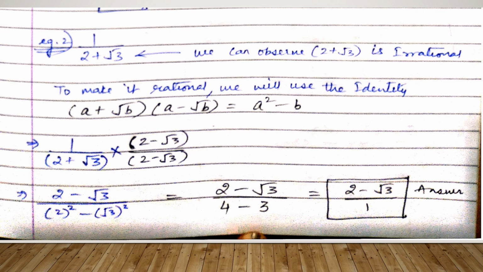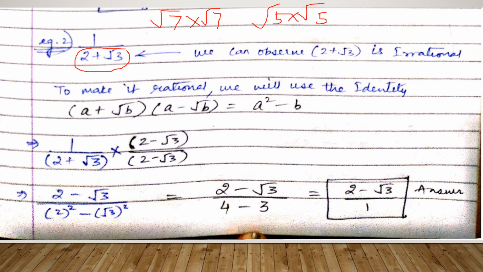Now, in this example, there is a difference. We have 2 plus root 3 now. In the last case, we just had root 2 and it was very easy. Suppose you had root 7 in the denominator, you multiply with root 7 in the denominator and the numerator, you will get the required rationalization. Suppose you have root 5, multiply with root 5 in the denominator and the numerator and you will get the required thing. But what about this?